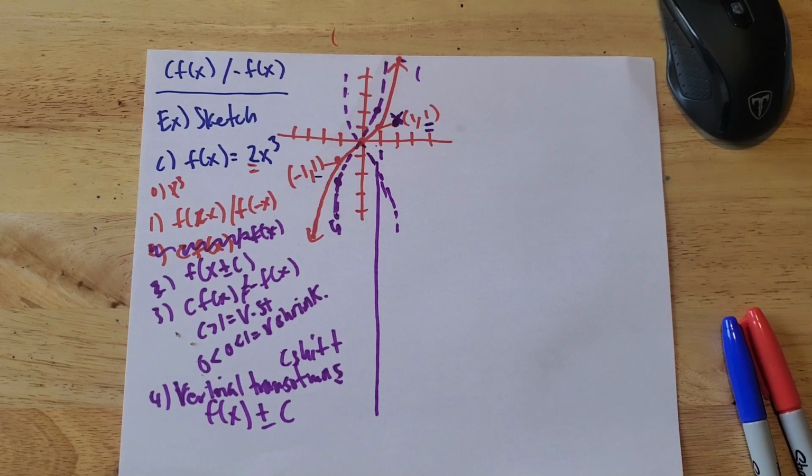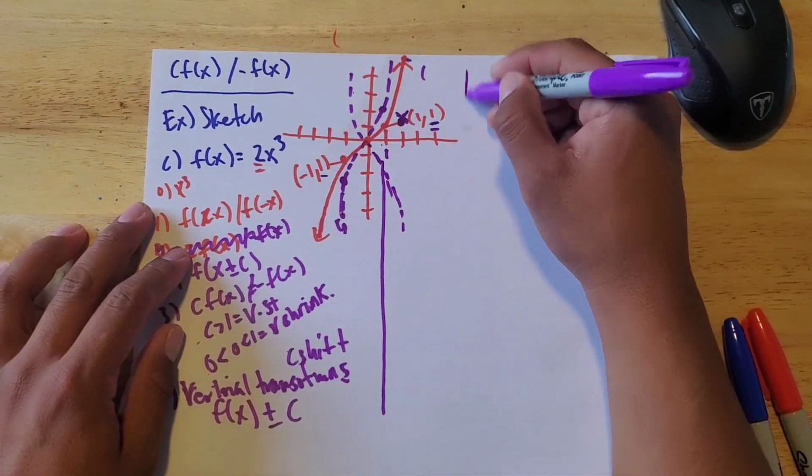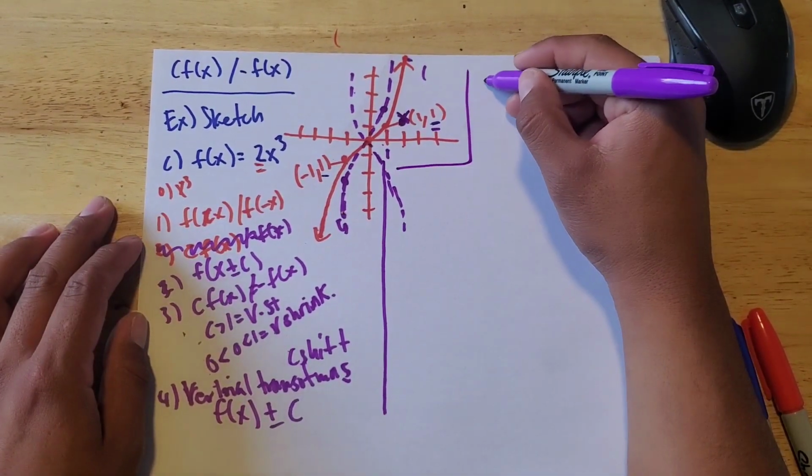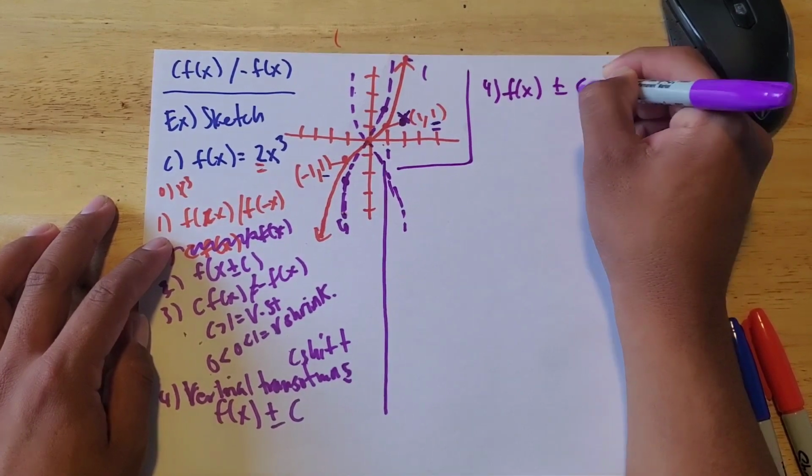Lastly, so we know what happens when you multiply inside, when you add or subtract inside, when you multiply or subtract outside. Now we have to focus on the vertical. So for 4, that's if you add or subtract outside of the function.